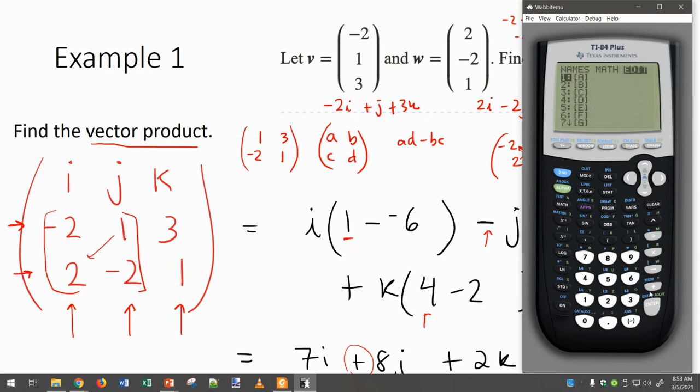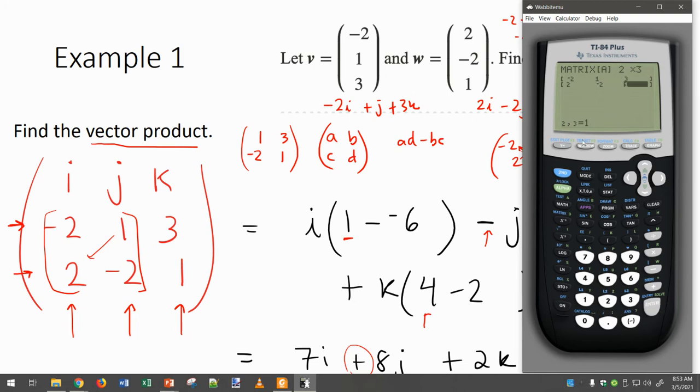So edit. This would be this matrix, -2, 1, 3, 2, -2, 1. Let's enter that in as a 2x3 matrix, and we get -2, 1, 3, 2, -2, 1.